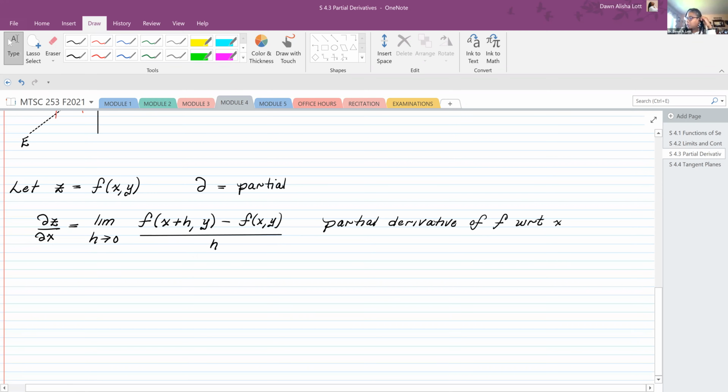Now I can do the same thing and do the partial of z with respect to y. So now I am going to take the limit as h approaches 0. I'm going to do f of x, carrying it along, y plus h minus f of x, y, and divide by h.